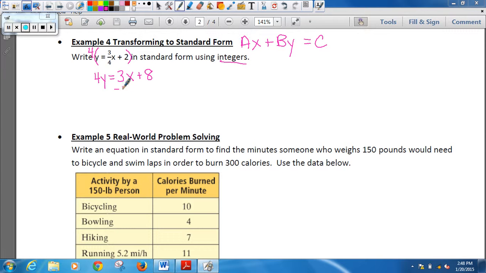The opposite of a positive x is to minus x. And I need to write it in the correct form where x comes first, so that's a negative 3x plus 4y equals 8. It's now in standard form because I have ax plus by equals c.